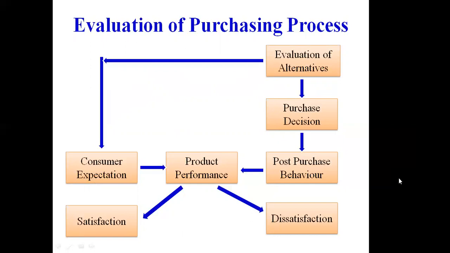So this will lead to dissatisfaction. Whereas on the other hand, if the product performance is about 22 or 25 kilometers per liter of diesel or petrol, then it will be more as compared to the expectations of a consumer. So this will lead to satisfaction. So this is the evaluation of the consumer purchasing process.